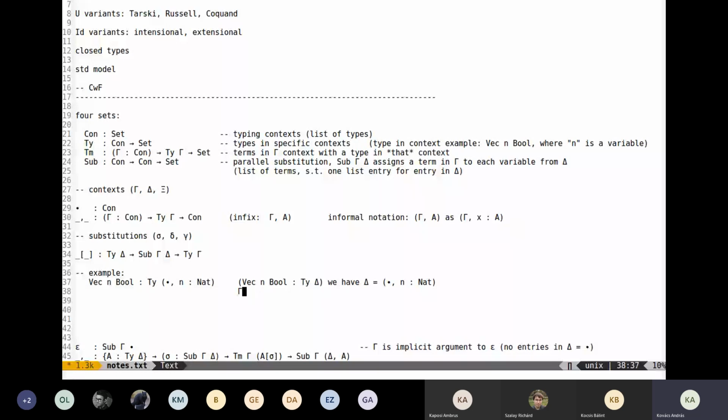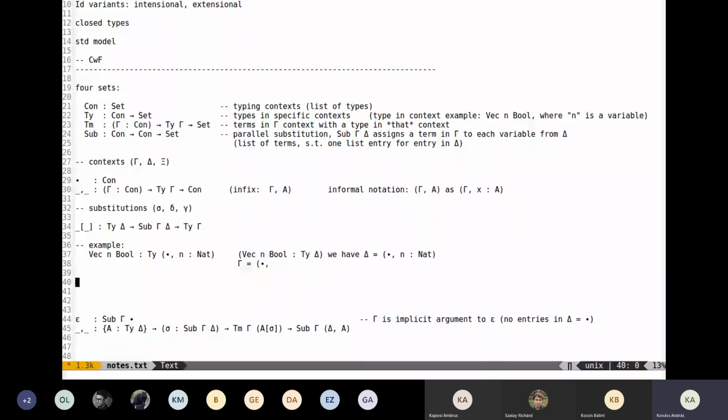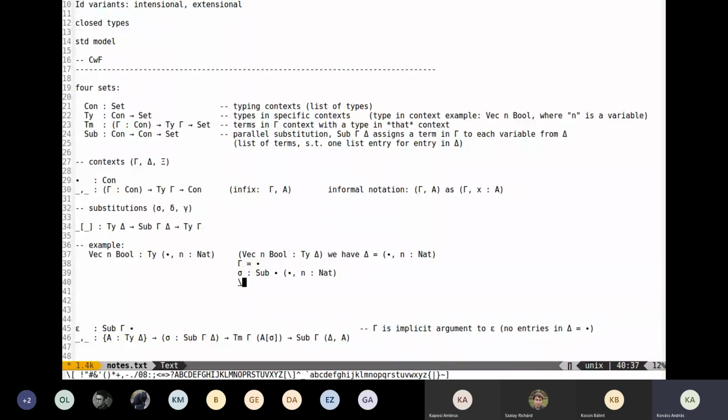Let's also define some gamma. So let's define gamma as the empty context, because this is a very simple example if you do it this way. So in this case, let's define sigma, which is a substitution from the empty context to this context, to be... Okay, so find this substitution.